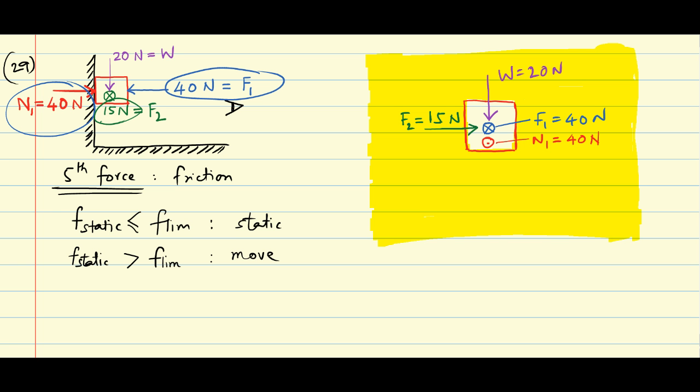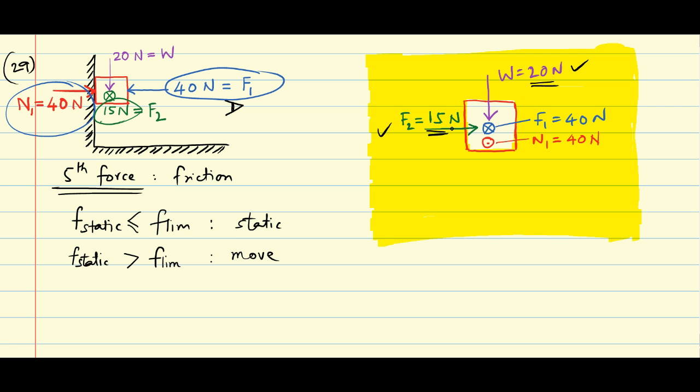Now the forces which are trying to move the block along the wall are this F2 and W. So before even coming to the question of static friction, I will just write the resultant of these two. Now that's easy. They are mutually perpendicular forces, W and F2, and they are in the ratio 4:3.